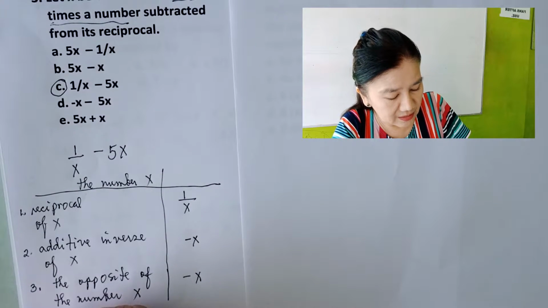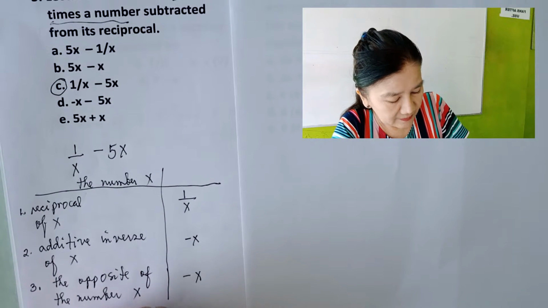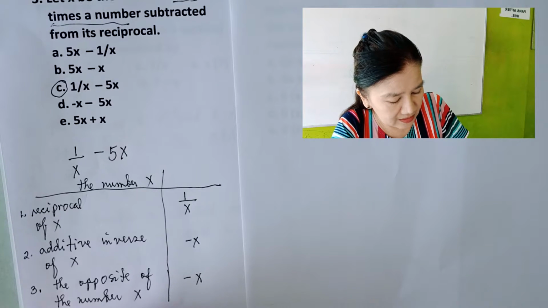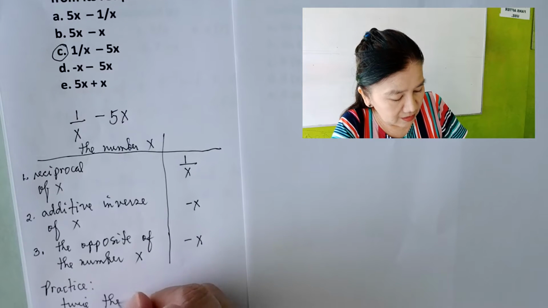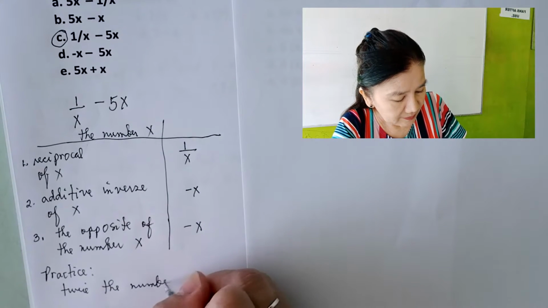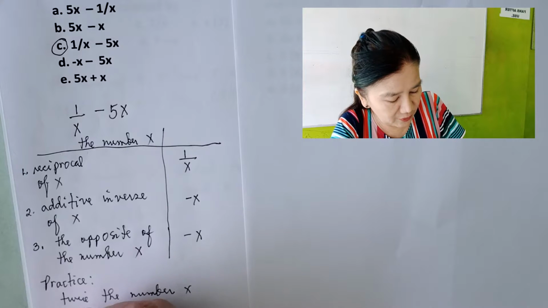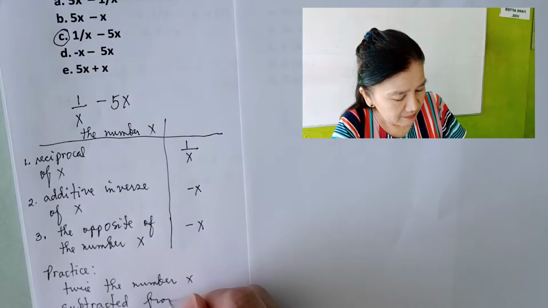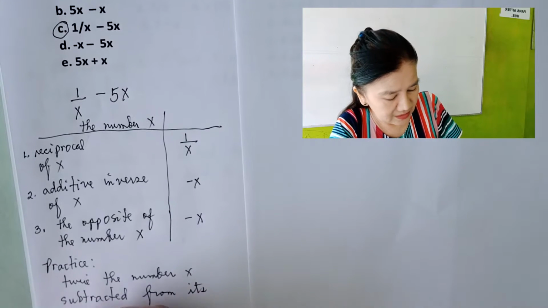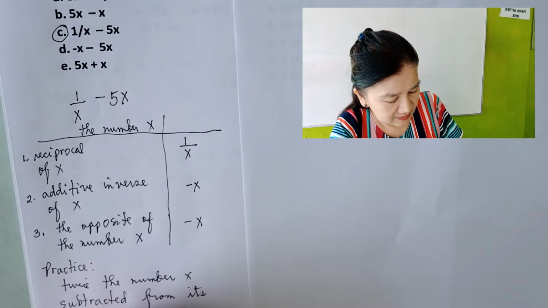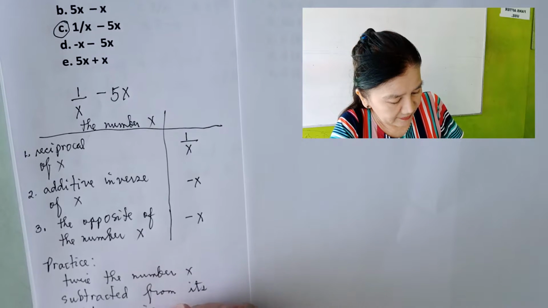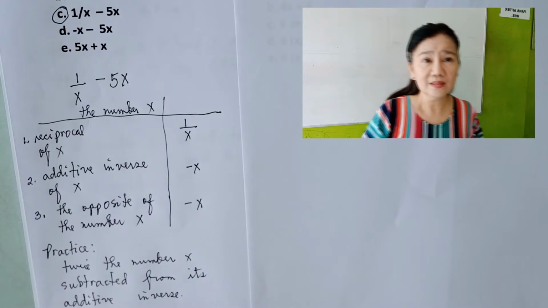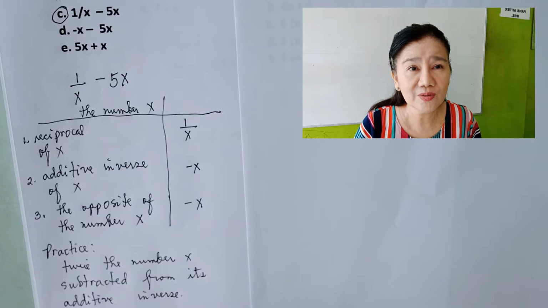Okay, let's just have a practice. Let's say we have twice the number x subtracted from its additive inverse. I'm giving you 5 seconds. 1, 2, 3, 4, and 5.